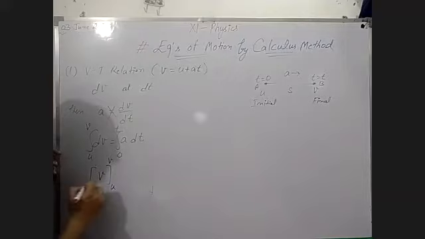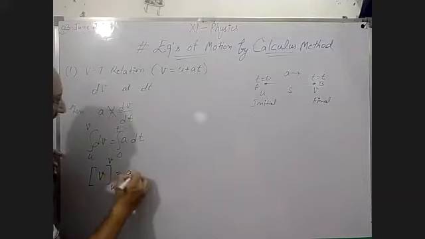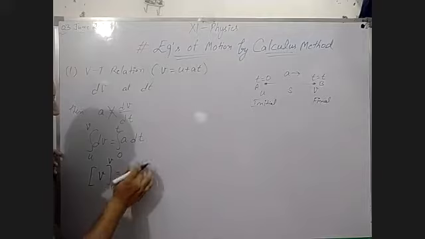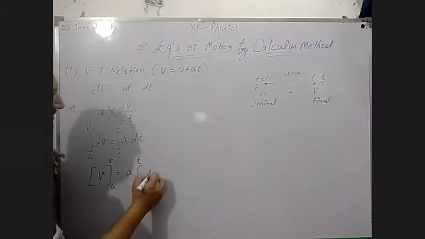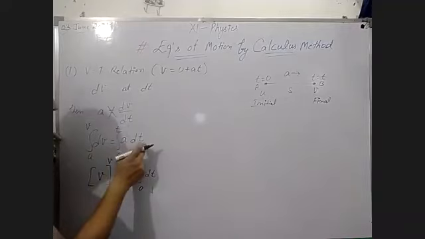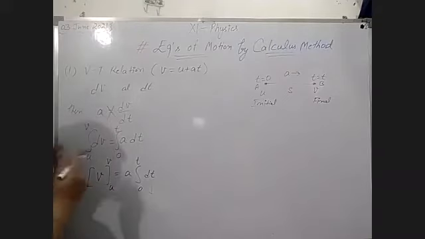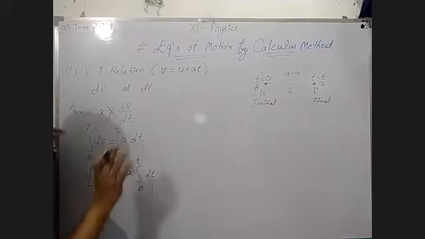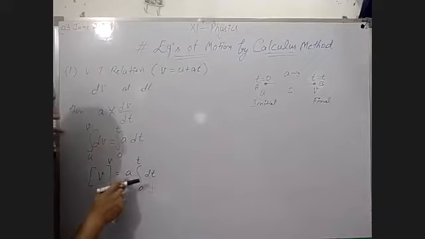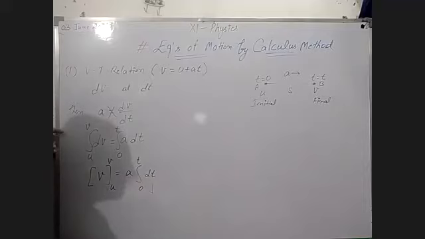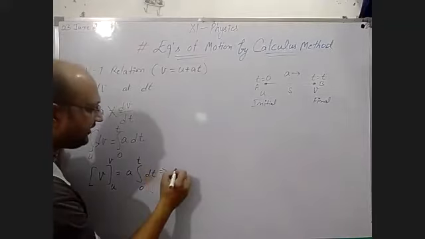So the integral from u to v equals a, which will come out of the integration. Only the t term's integration we can do in this case, because this dt tells us the integration of which quantity we can do. a has no time, that's why a will come out of the integration, and the dt term is left in the integration portion.